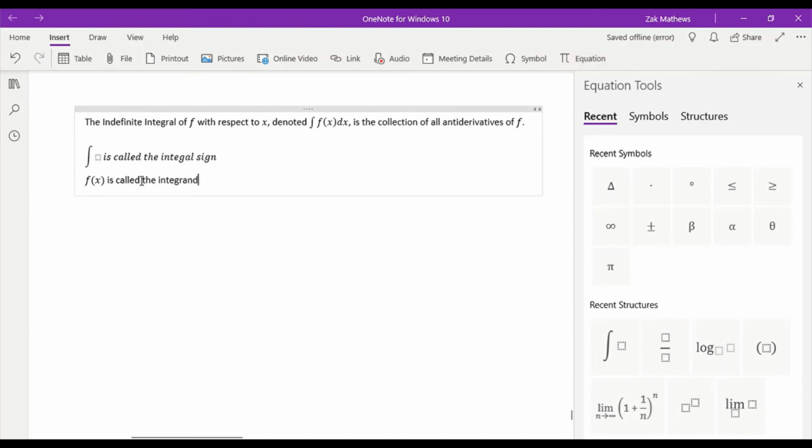And that is, again, when it's inside that integral sign. The x is the variable of integration. And the dx, we already know, dx is the differential.